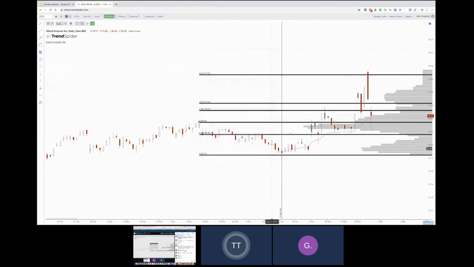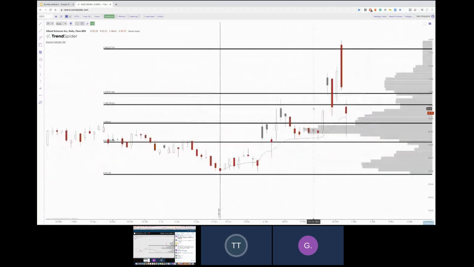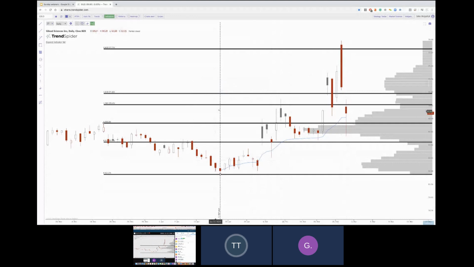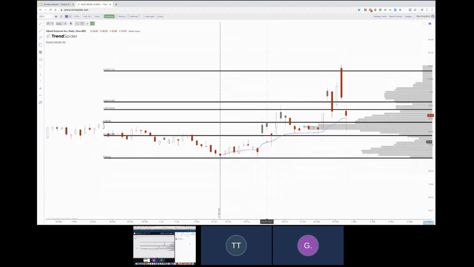Yeah, there's your fibs. The fibs are really important because when you don't have a supply zone above, like we did in CGC or Tilray, a lot of the time you want to use these fib extensions to see where the price may catch a little bit of sell side action.